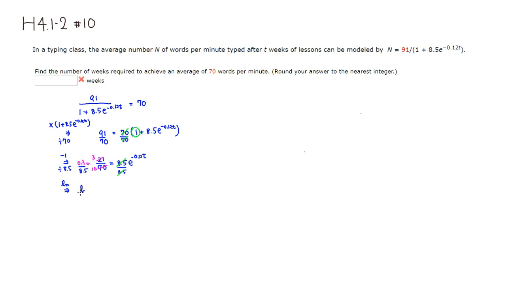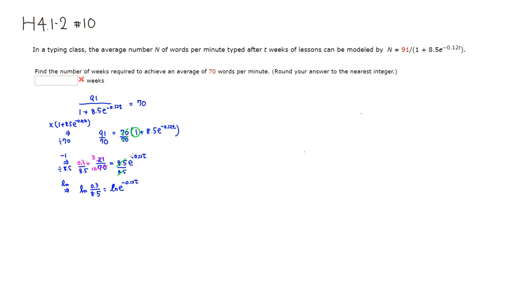So you have the natural log of 0.3 over 8.5, equal to the natural log of e to the negative 0.12t.